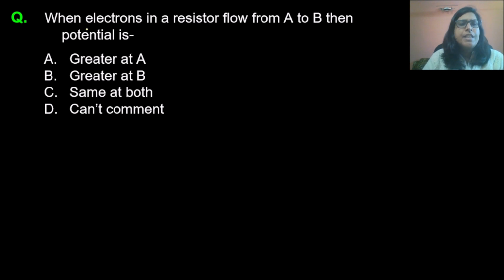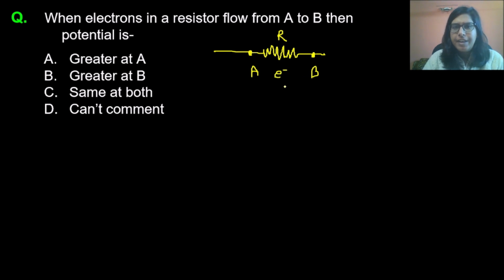Now this question is based on the property which we have seen, the direction of electric current. So when electrons in a resistor flow from A to B, then potential is, suppose this is the resistor, this is the symbol of resistor, and we denote it by R. Now it is given that from A to B, suppose this point is A and this point is B. So electrons are moving in this direction, right?